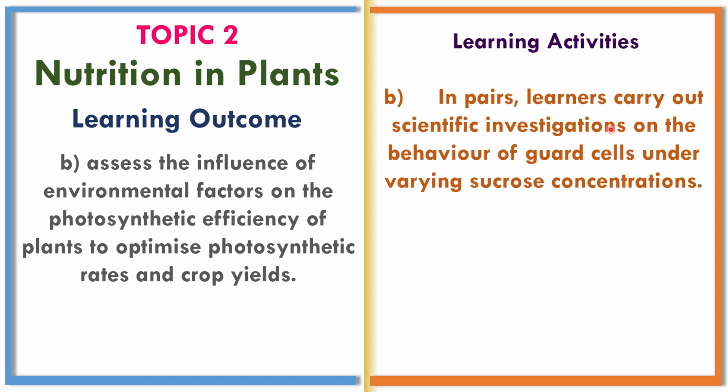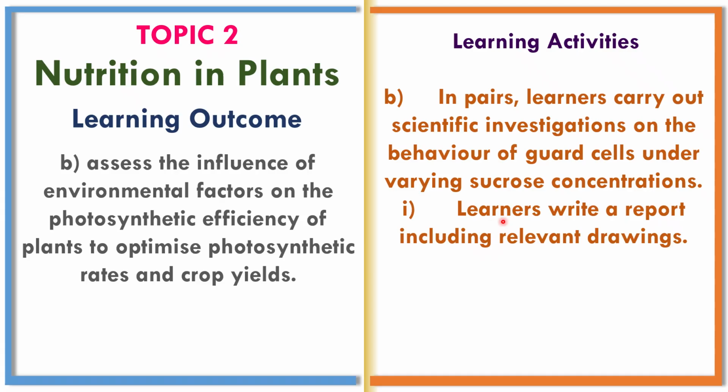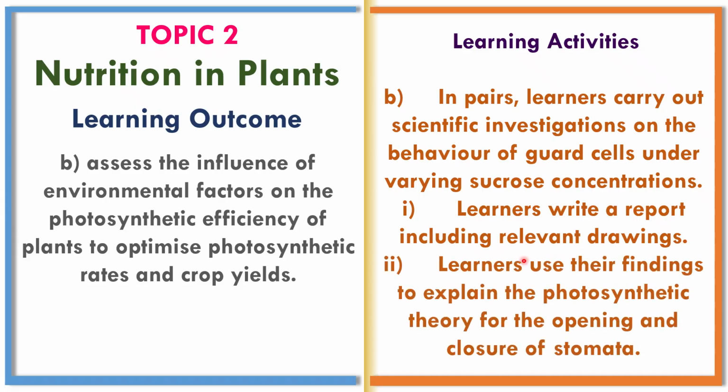We are looking at learning activity B. In pairs, learners carry out scientific investigations on the behavior of guard cells under varying sucrose concentrations. Learners write a report including relevant drawings. Learners use their findings to explain the photosynthetic theory for the opening and closure of stomata.